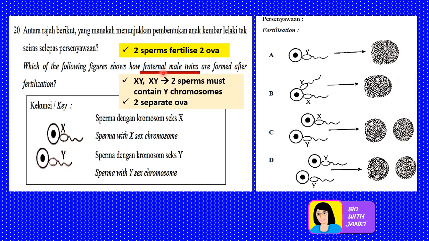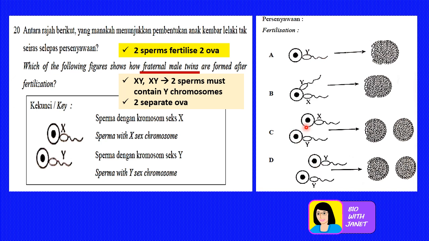So in this case, if both twins are males, that means both the sperms must carry the Y chromosome, so that when it fuses with the ovum that carries the X chromosome, a male with the pair of chromosomes XY in each of his cells will be formed. So if you look at C and D, only D fits the bill. Each sperm carries a Y chromosome. So both these zygotes formed after this will be male.